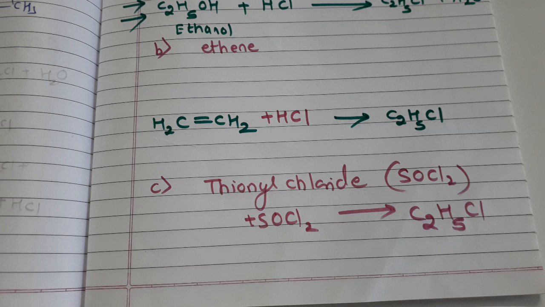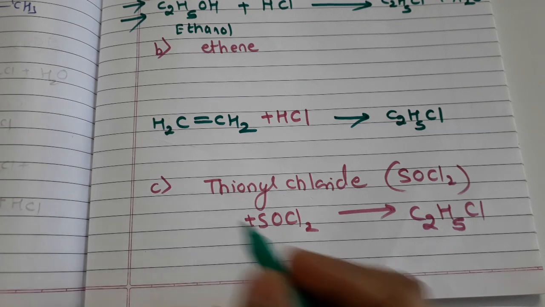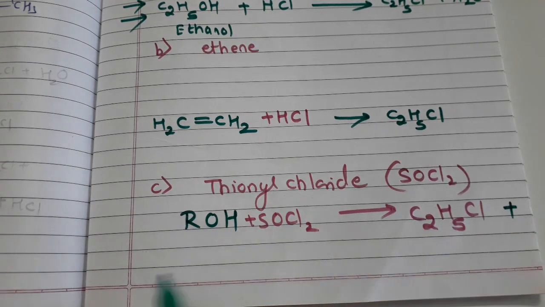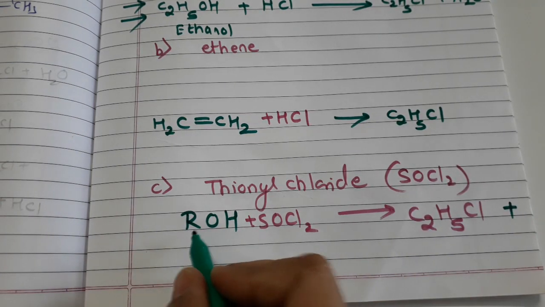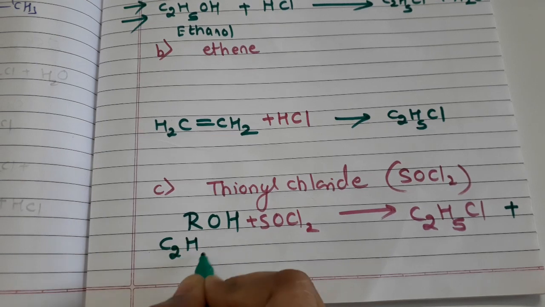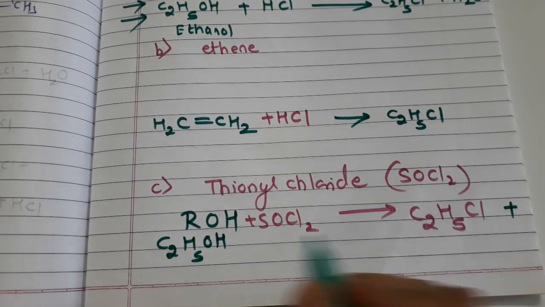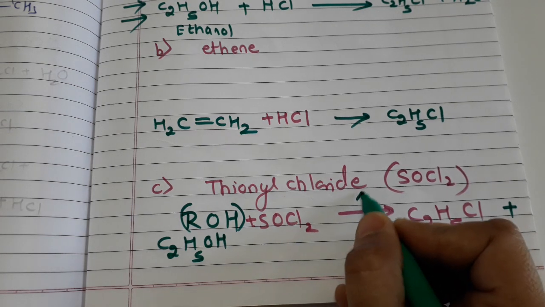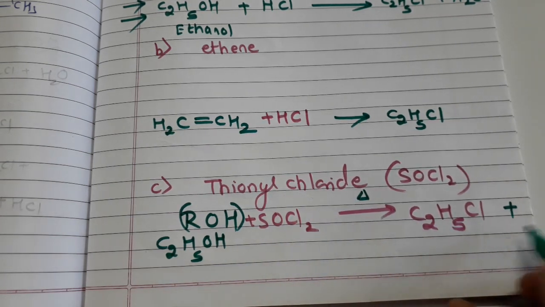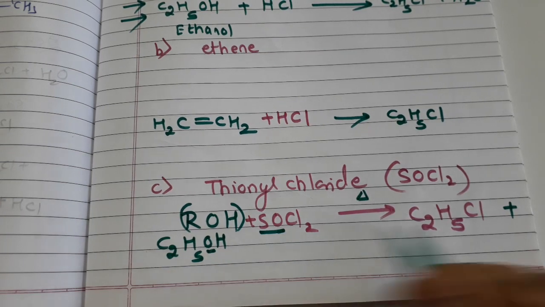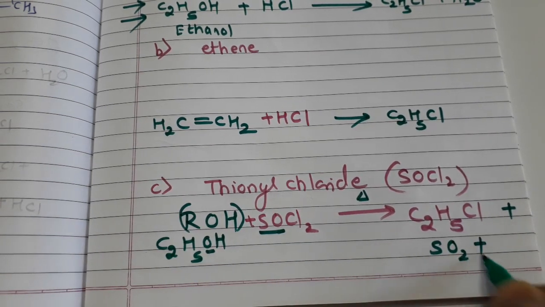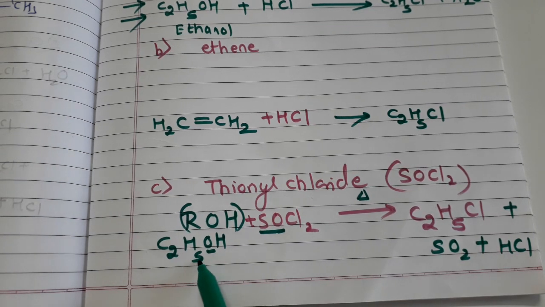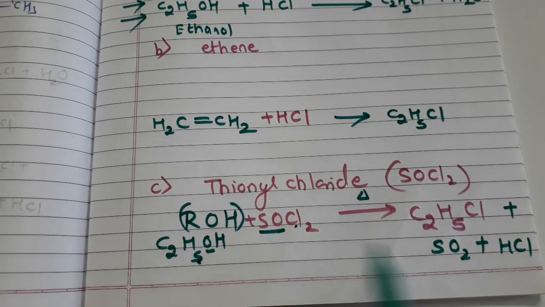Can we recollect that thionyl chloride reacts with alcohol, and then we get, instead of R, I'm going to write C2H5OH plus SOCl2. On heating we will be getting ethyl chloride plus SO2 and plus HCl.